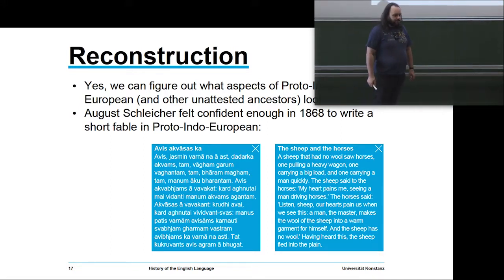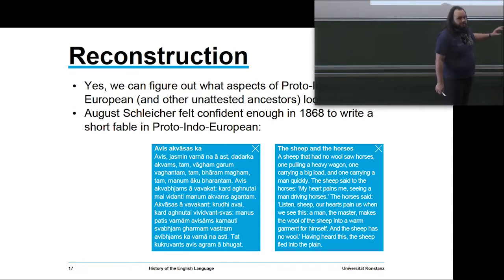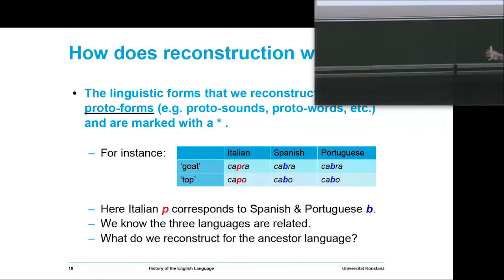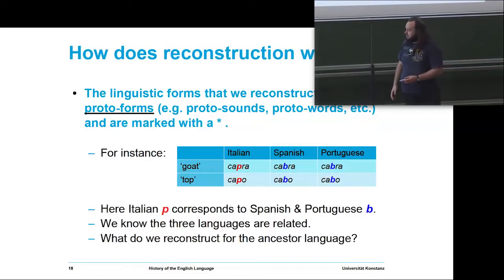That is because Schleicher thought that Indo-European looked a lot like Sanskrit, basically. He was very convinced that Indo-European was very close to Sanskrit in that regard. Most linguists nowadays don't think so. So the details of this are disputed. But the idea that you can actually reconstruct well enough to write something like this is mostly fairly uncontroversial, interestingly enough.